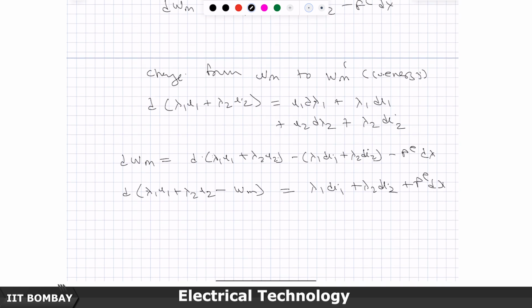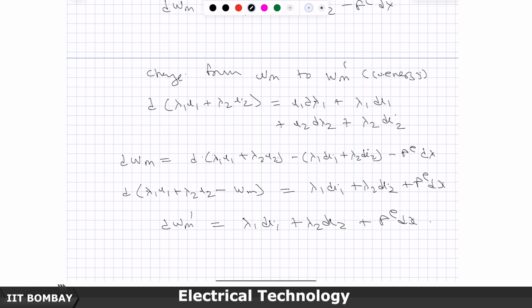But this is exactly what we had earlier defined as the co-energy in the single port network. So, the same concept translates here, and we define this as the co-energy Wm dash, which is equal to λ1 dI1 plus λ2 dI2 plus Fe dx.